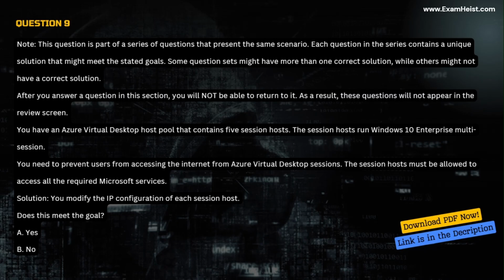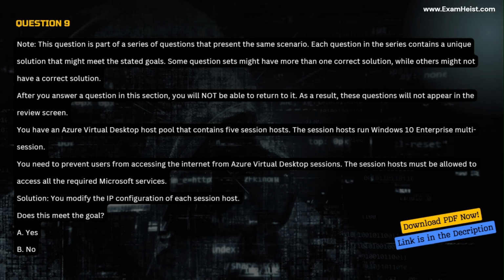You have an Azure Virtual Desktop host pool that contains 5 session hosts. The session hosts run Windows 10 Enterprise multi-session. You need to prevent users from accessing the Internet from Azure Virtual Desktop sessions. The session hosts must be allowed to access all the required Microsoft services.